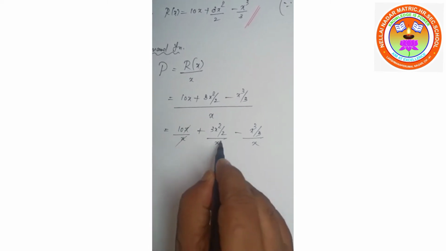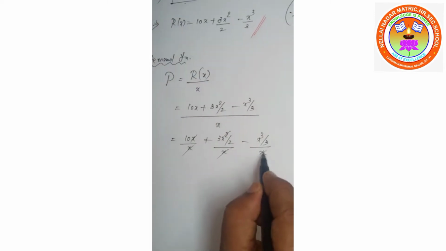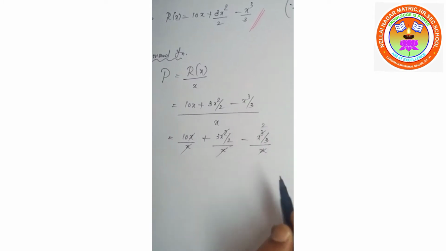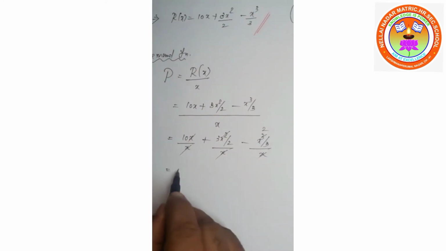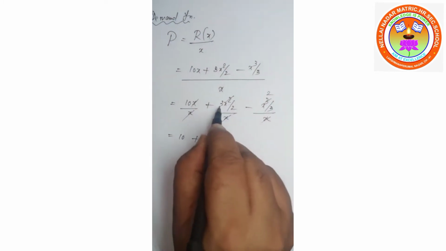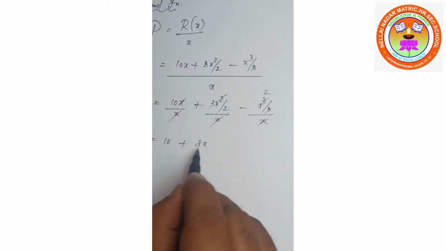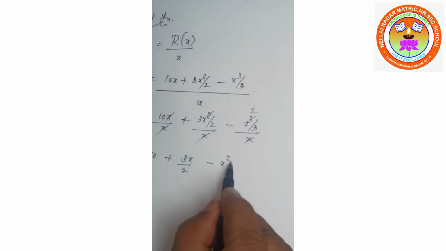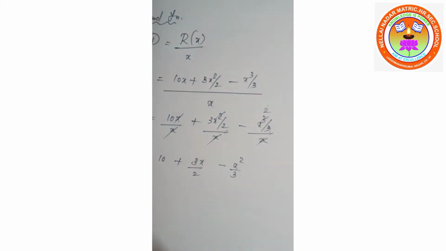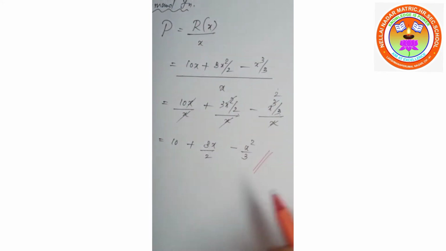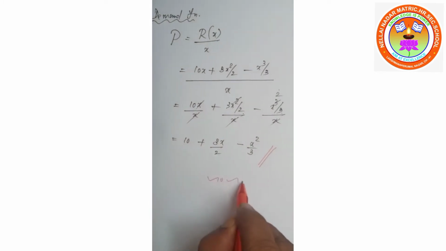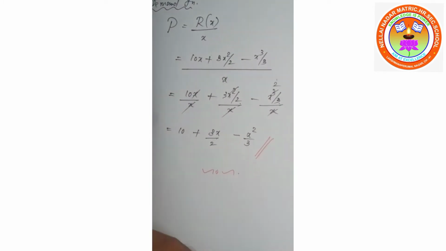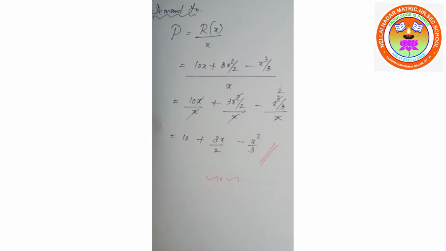One x cancels here, and we get x squared. So it is 10 plus 3x by 2 minus x squared by 3. So problem number 16 is completed. I'll be teaching the next problem in the next video.